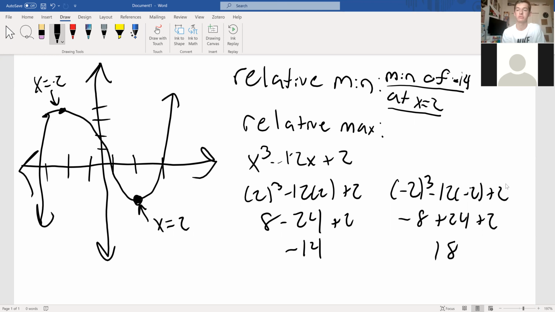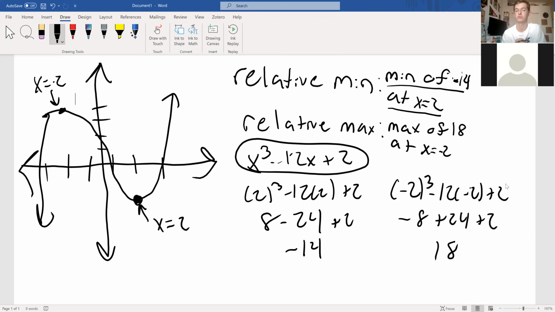You don't usually put those as a point, so your answer wouldn't be 2 comma -14. It's usually some sort of sentence. So for your max, you could say a max of 18 at x equals -2. Sometimes you just read it off the graph, but in this case, they had you plugging into the function itself once you found those x values. Just make sure you're aware if there is one like this on the test.